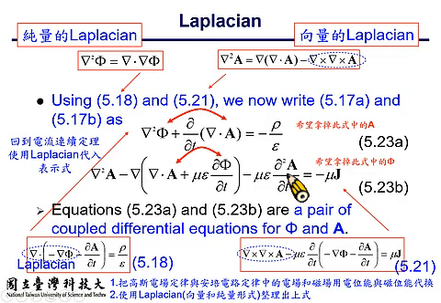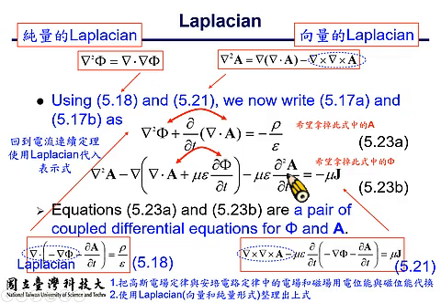Therefore, we introduce the two Laplacian operators. With the help of the definition of the Laplacian operation, the two equations become equation 5.23a and 23b. You should do the substitution yourself and try to come up with the two equations.